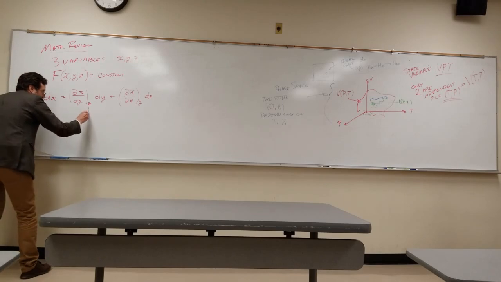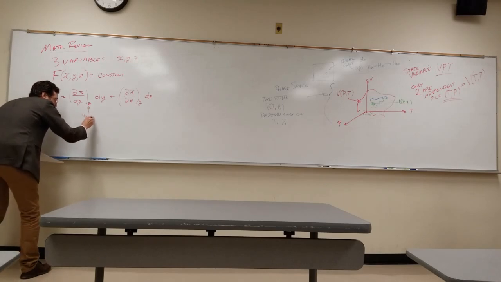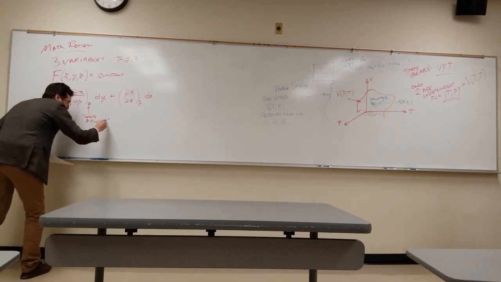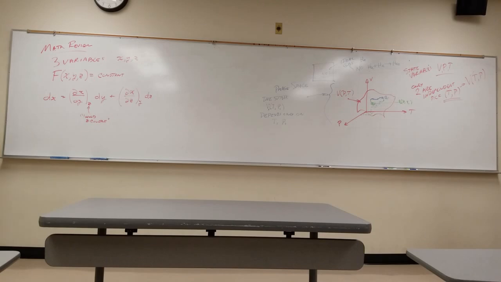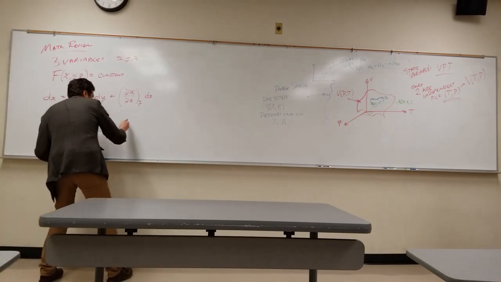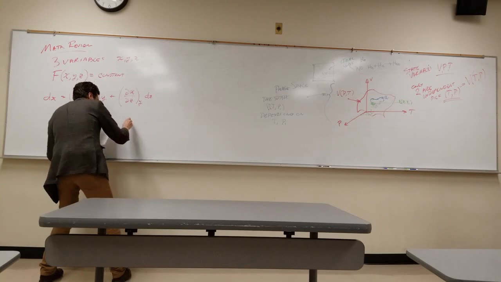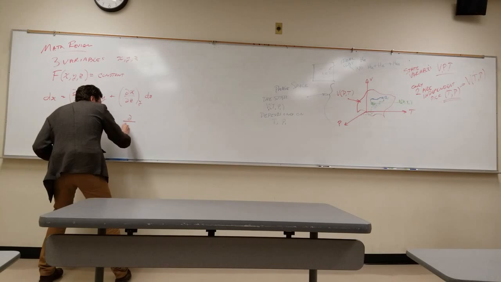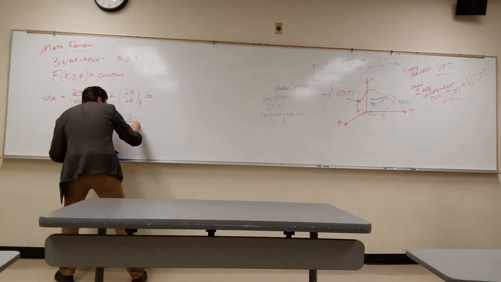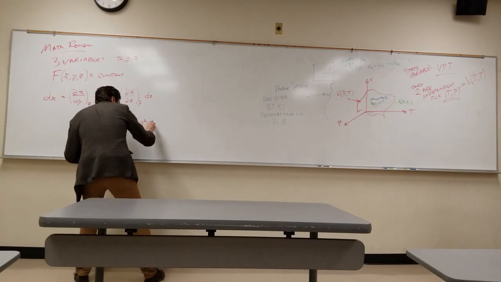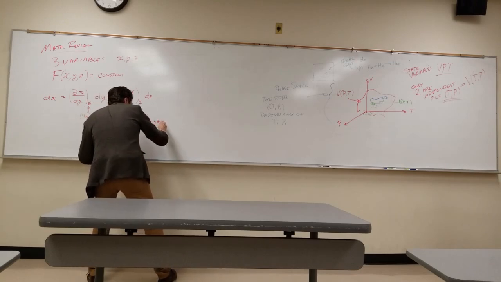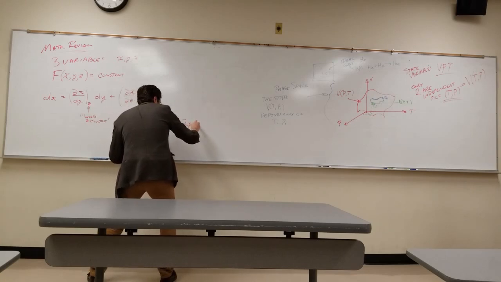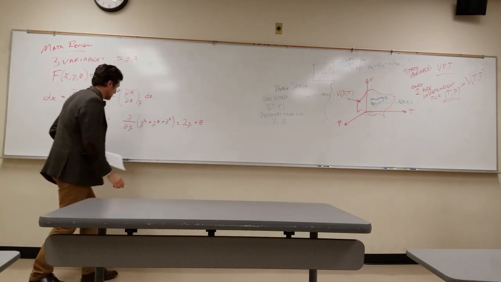So this means hold z constant. And again, to remind you, back when you're taking multivariable calculus class, if you had a partial d by dy of y squared plus yz plus z squared, that was equal to 2y plus z.